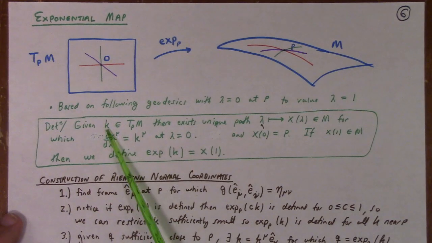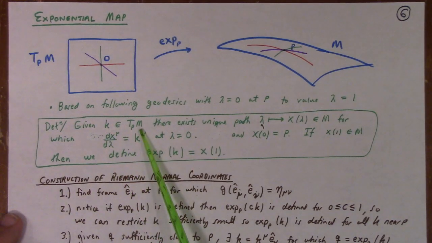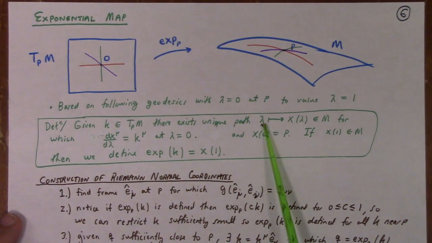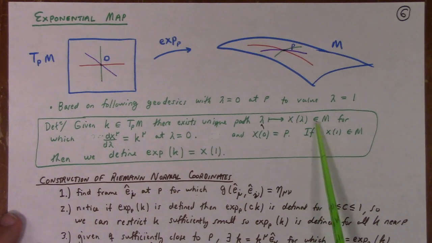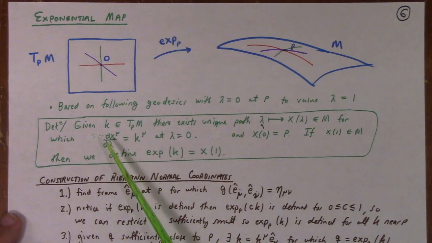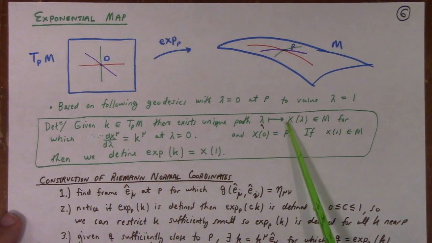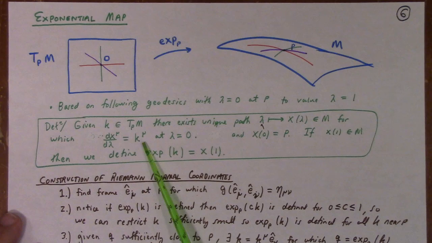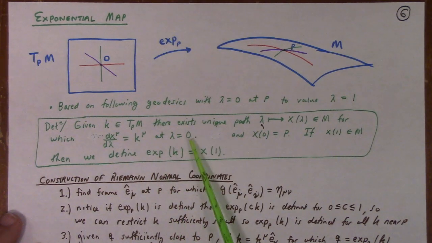Given a particular vector k in the tangent space of M at p, there exists a unique path, lambda maps to x of lambda in M, for which dx^mu/d lambda equals k^mu at lambda equal to 0, and x of 0 equals p.